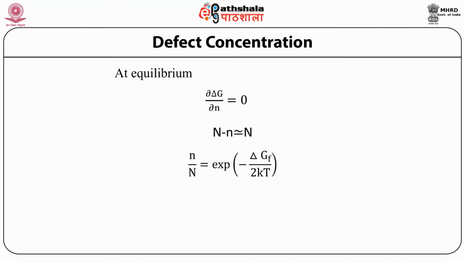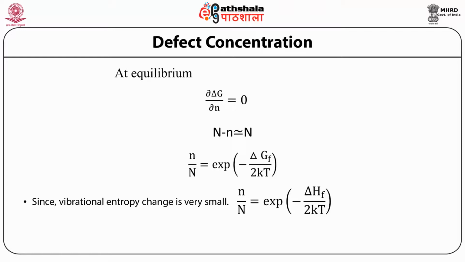Now, assuming that the second term, that is exponential of delta Sv by 2k, is approximately 1, as the vibrational entropy change is very small, the final expression becomes n by capital N is equal to exponential of minus delta Hf by 2kT. Here, delta Hf is the enthalpy of Frenkel defect formation.